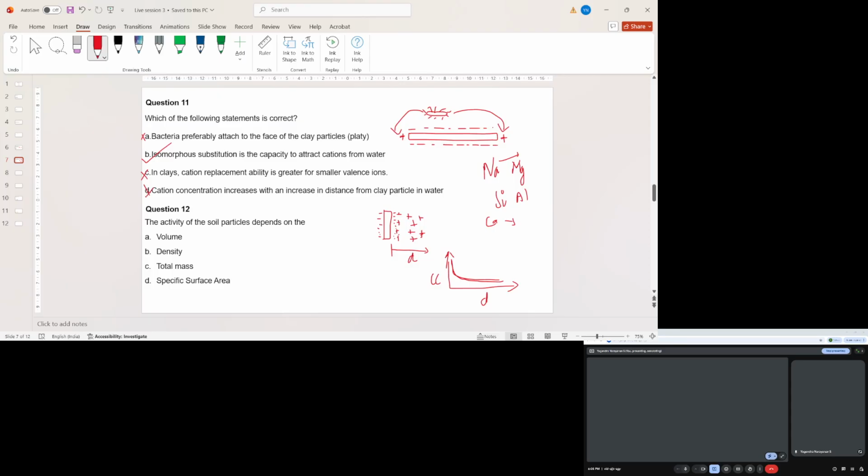So the right option among these statements is: isomorphous substitution is the capacity to attract cations from water.